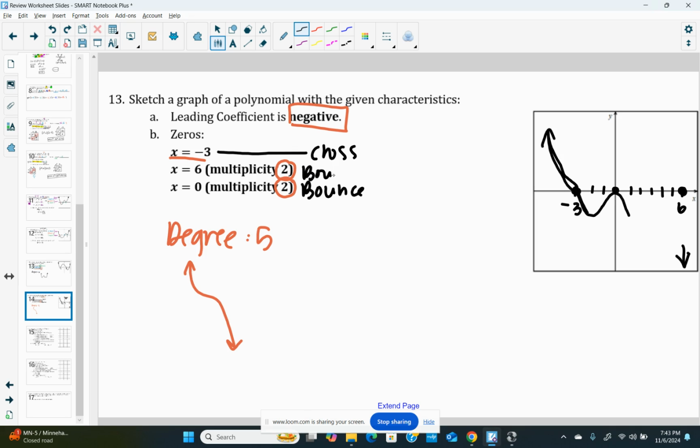And then it also needs to bounce at 6. So it's going to go down, come back up, bounce, and go back down. And you can make it look nicer than mine if you want to. But so it's going to start high, go through -3, come back up to bounce at 0, go back down, and then bounce at 6 and go back down.